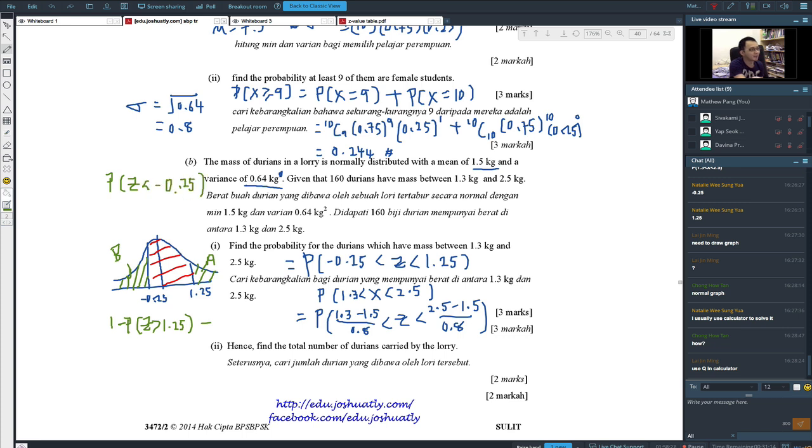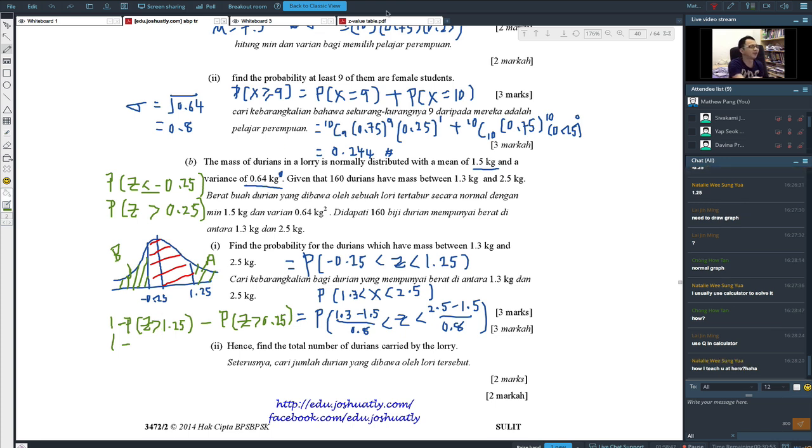So I will need to find the probability Z is bigger than 0.25. Then I will just use the Z value table for this one. You can use the calculator also, but I kind of forgot how to use the calculator. So I will use the Z value table first. So this is the Z value table, and it is still loading.